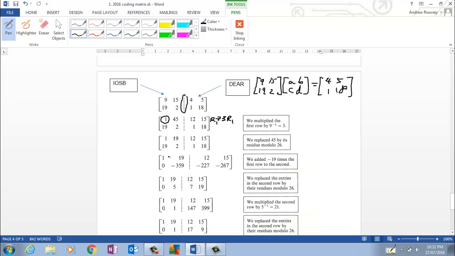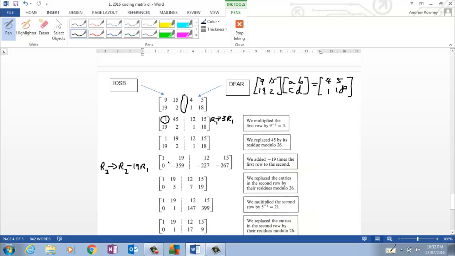Now we come down and we try to get this 19 to be 0. To get that to be 0, we do row 2 becomes 19 times row 1 and we subtract row 2. Actually, they've done it the other way, I can see the negatives, so it doesn't matter which way you do it. They've done row 2 minus 19 times row 1.